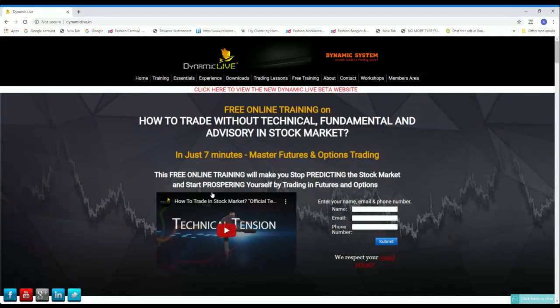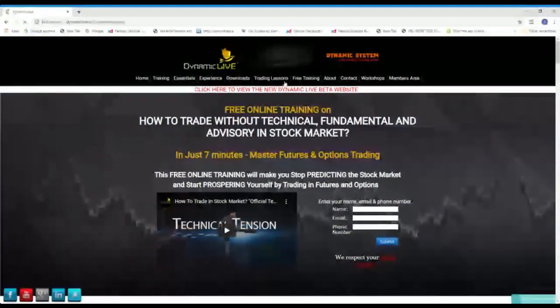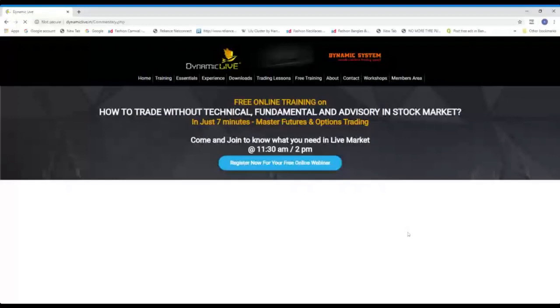Once you click on this trading lesson, just scroll it down a bit. In this trading lesson, you can see here, this lesson was sent on 26th March. This lesson is sent before the trade is initiated, before the trade could happen. And the lesson says Maruti Suzuki is offering a possible 169% return.